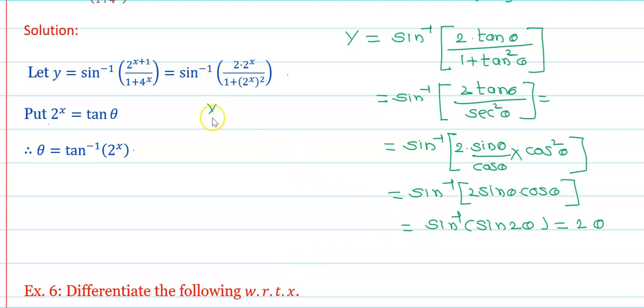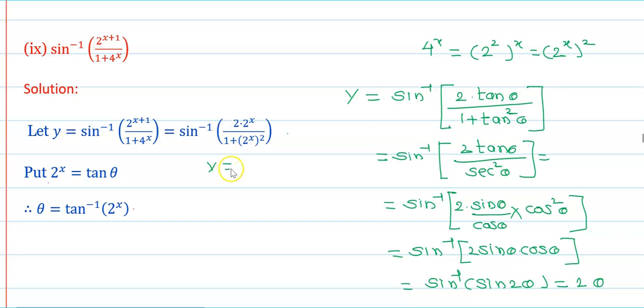Therefore, see here, y equals 2 theta. But what is theta? Theta is tan inverse of 2^x. Therefore, I will write here 2 tan inverse of 2^x. Again, differentiate this with respect to x.